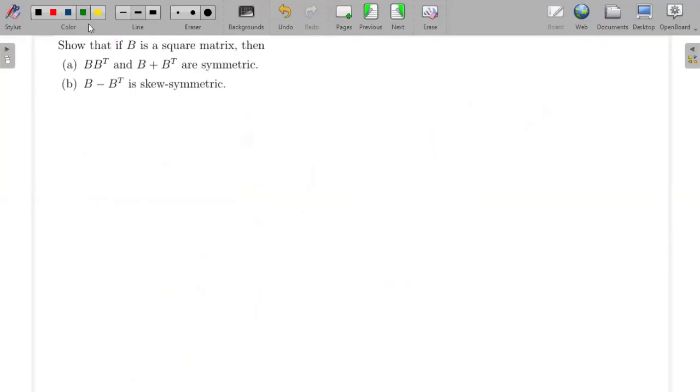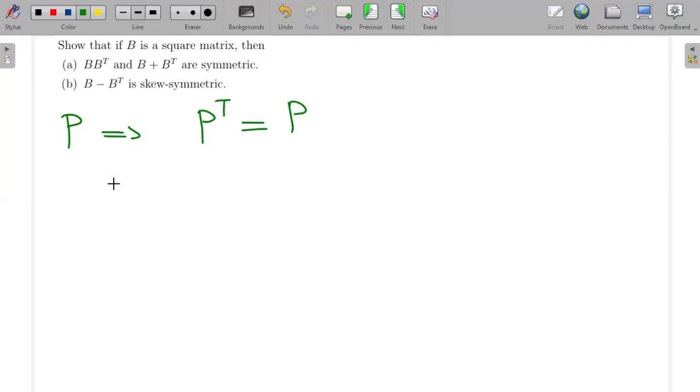Okay, so now let's define what a symmetric matrix is. If, for example, I have a matrix P, we're going to say this matrix P is symmetric if P transpose is equal to P. So if I take the transpose of this matrix P and it is still equal to the matrix P, then we are going to say the matrix P is symmetric.